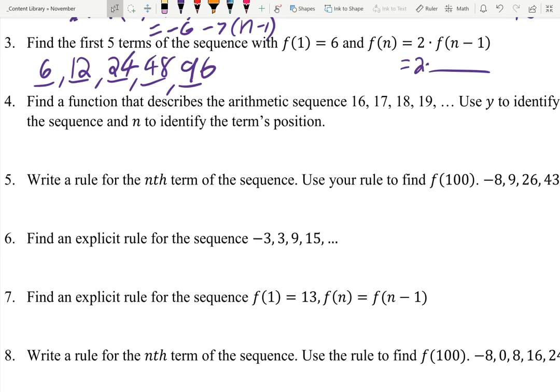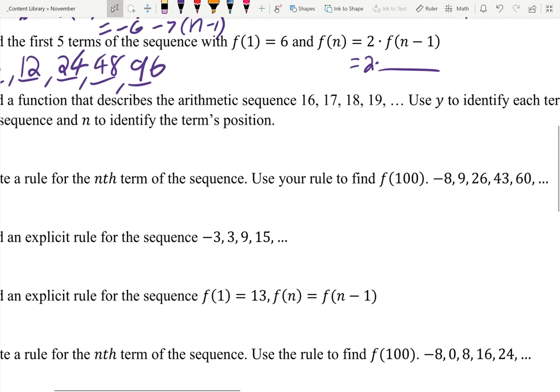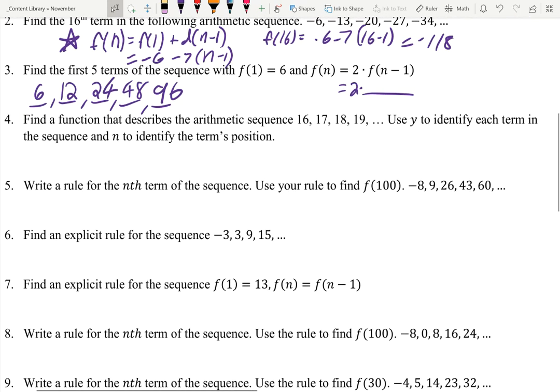So, oh wait, am I looking at the right one? Yeah. Use Y to identify each term in the sequence and n. It's not asking really for an explicit rule or a recursive rule. Funny enough. Let me see. 1 second. It's pretty obvious, really, on the test what the answer is.